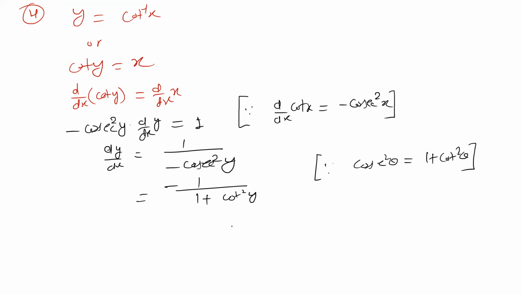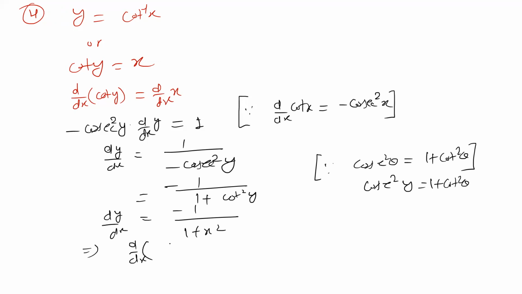Here the variable is y, so cosec square y is equal to 1 plus cot square y. Then put the value of cot y in terms of x, and you will get minus 1 by 1 plus x square. Okay, then you can say that y is cot inverse x, and we get the derivative as minus 1 by 1 plus x square. This is my final answer.